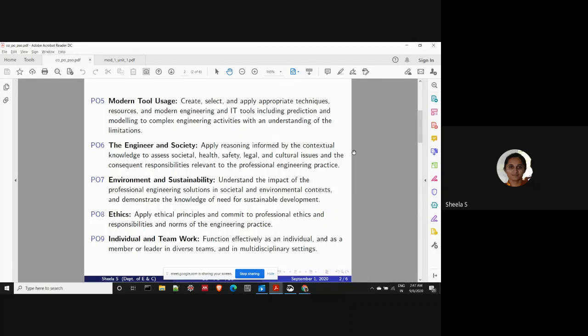And the eighth one is professional ethics. When we are doing all these things, whether we are considering any ethical issues. And the ninth one is individual and teamwork. While providing all these solutions and while considering the usage of any modern tool for the solution or for problem analysis, whether we are doing the work individually or in a team.